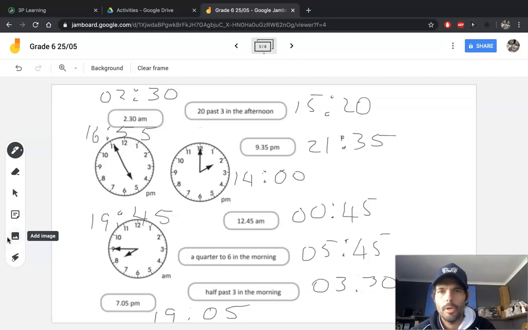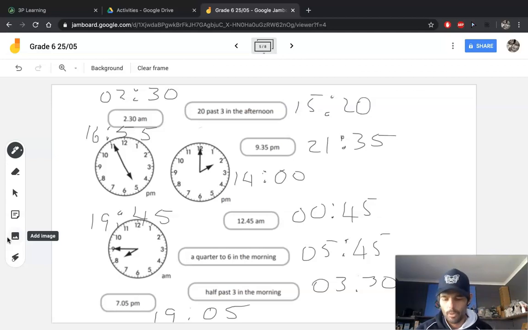Those two analog clocks are on the left, 5 to 5 in the evening and 2 o'clock in the afternoon. 12:45 on the right hand side AM, so that's just after midnight, so that's 0045. 4:45 in the morning is 0545. 3:30 in the morning, you've got that one there. 7:05 p.m. is 19:05, and then the bottom analog clock is 19:45, which is 7:45, and you can see the minute hand at the 9, and 9 times 5 is 45, and the hour hand just before the 8.